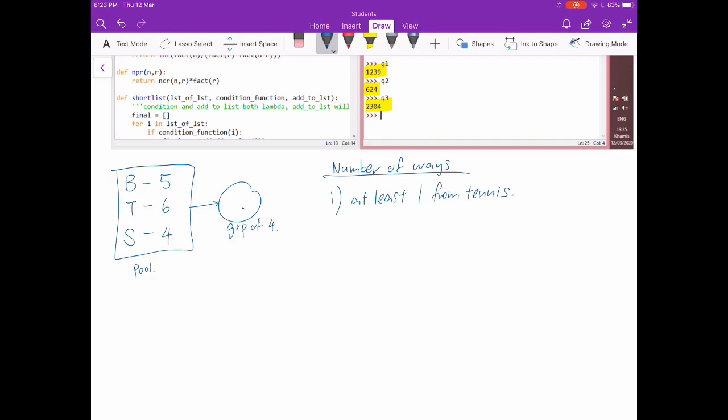So in our group over here, we want it such that there is at least 1 person from tennis. And we know that there are 6 from tennis. So how can we choose this? Well, my approach would be using complements.